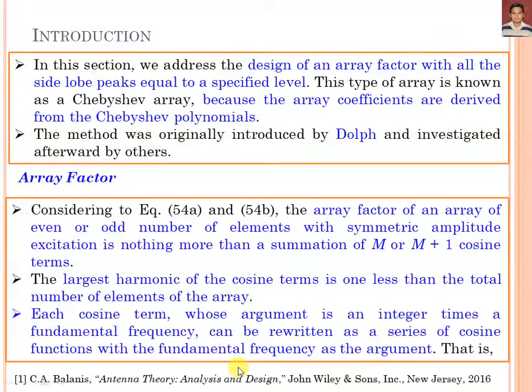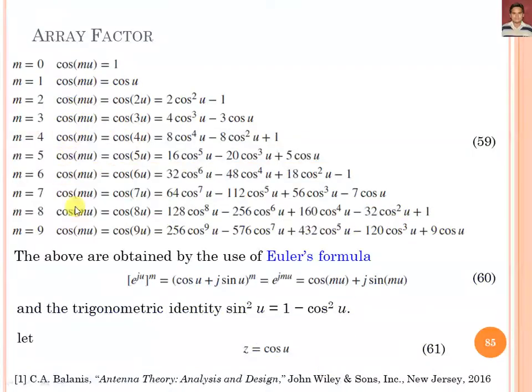As you can see, u is dependent on the frequency, I mean the u factor is directly proportional to f, and this array factor can be calculated for different values of small m, 0 to 9 we are taking, and for m equal to 0 the factor cos mu is represented by 1. Then for m equal to 1, cos mu is equal to cos u.